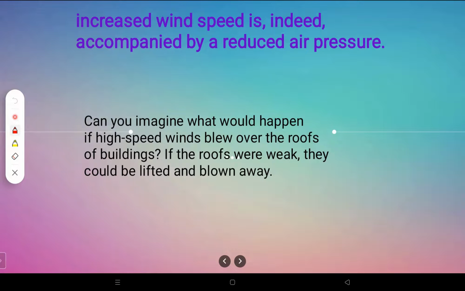What would happen if high speed winds blew over the roof of the buildings?